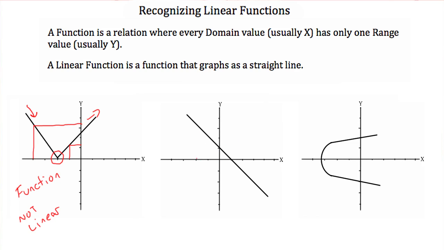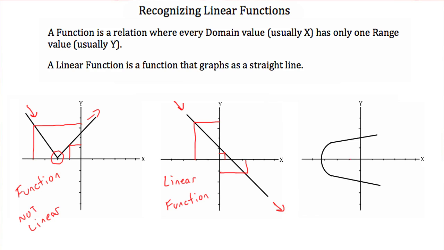Again, it appears to be a function because every x value we select only has one possible y value. And it is linear because it's in a straight line. So this is a linear function. Let's look at our last example.